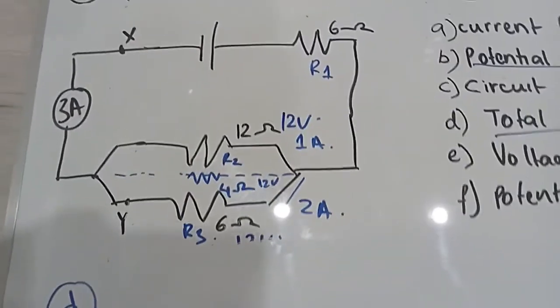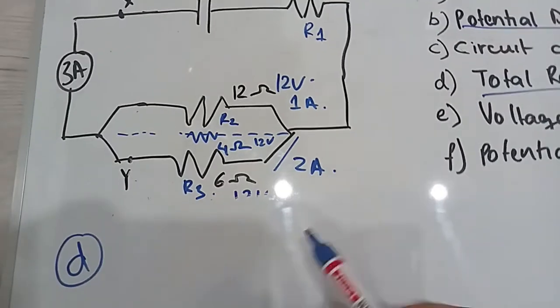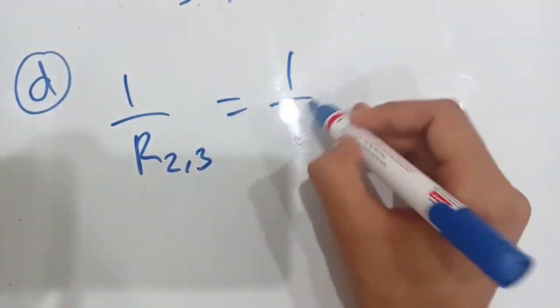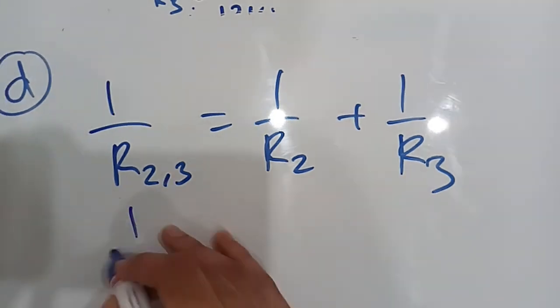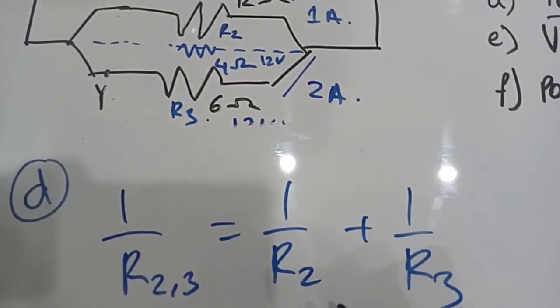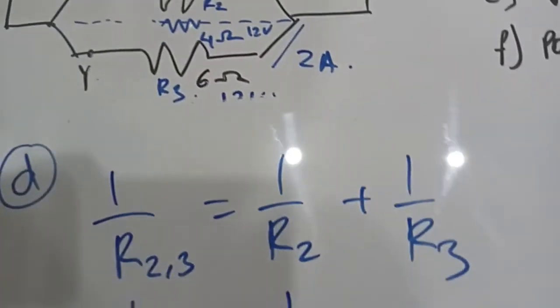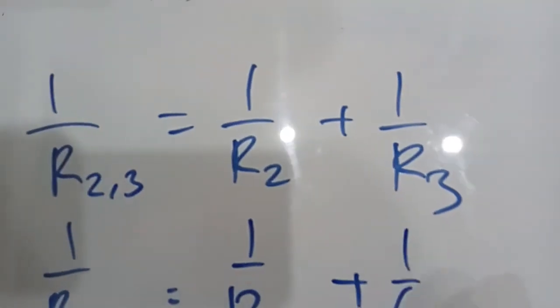Okay, question D. What is the total resistance? To calculate the total resistance, we first have to find the total resistance in parallel. We've already done this, but let's do it again. 1 over resistance 2,3 equals 1 over resistance 2 plus 1 over resistance 3. What's the resistance of the second resistor? 12 ohms. So 1 over 12 plus 1 over 6.